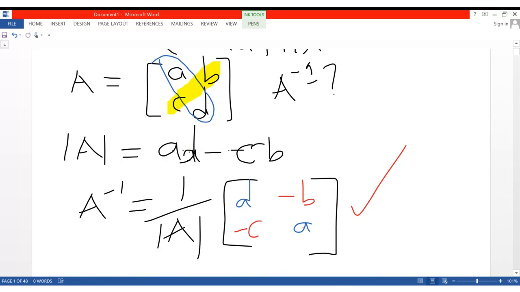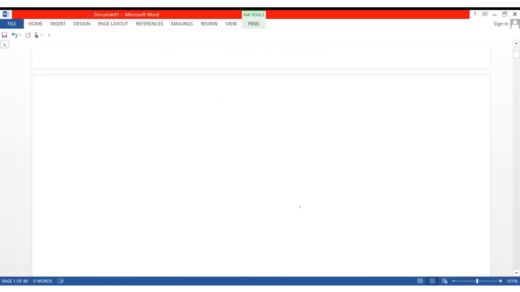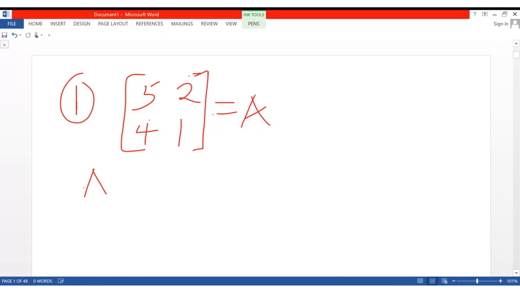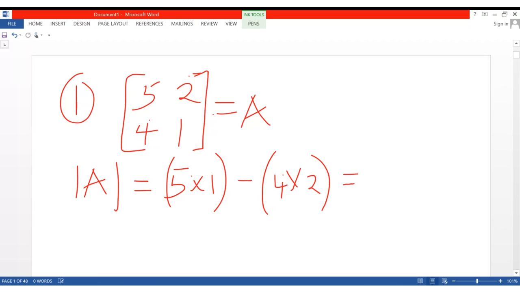So let's do an example. So this is the matrix A. If you want to get the inverse, we'll get the determinant first of all. 5 times 1, minus 2 times negative 3.